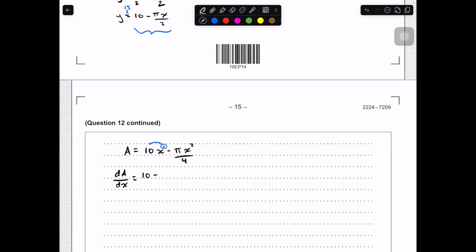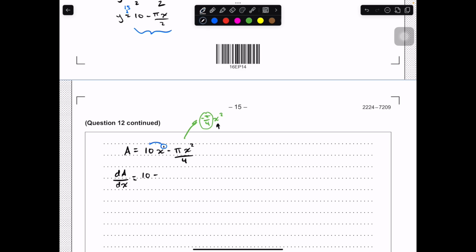Minus, and then we say, okay, well, this is π over 4 out in front. But this itself is just equal to negative π over 4 times x². This thing is just a number. When we take the derivative, we're interested in just the variable. And so we can still use the same operations and procedures as we've been using in the past.